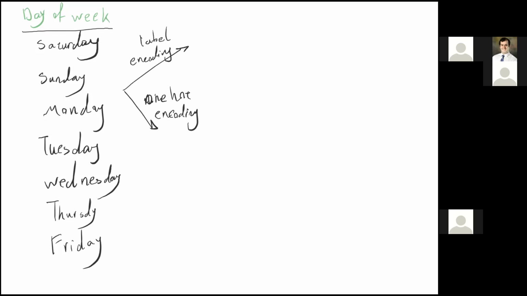For label encoding, you just assign a number to each category. Let's say 1, 2, 3, 4, 5, 6, 7, and treat it as a numerical column. So convert to numerical.